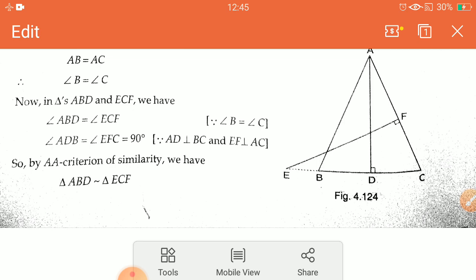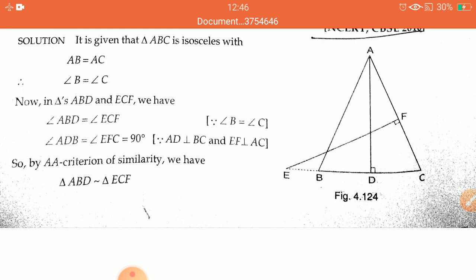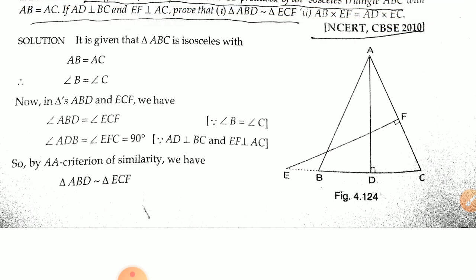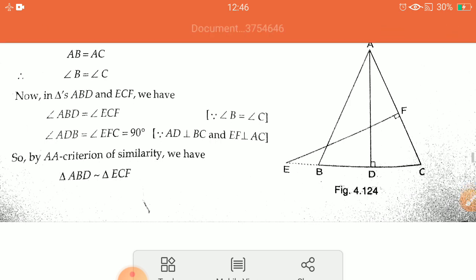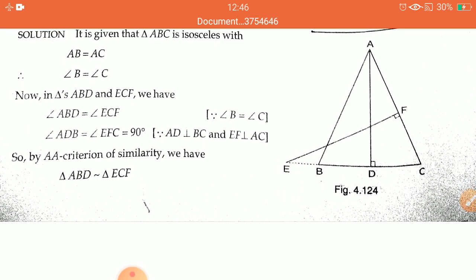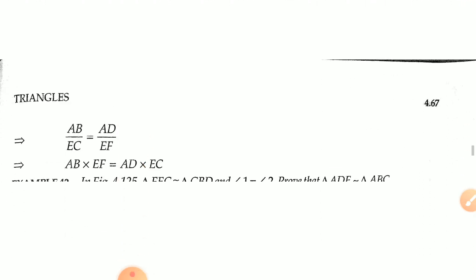As well as angle B equal to angle C, both the angles are equal, and therefore by AA criteria we get triangle ADB is similar to triangle ECF.